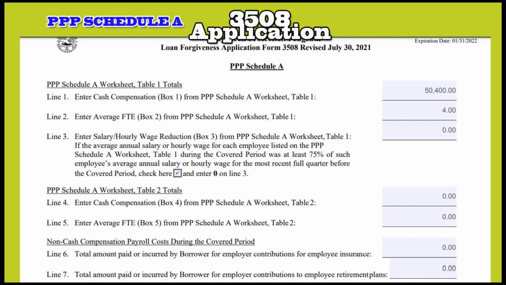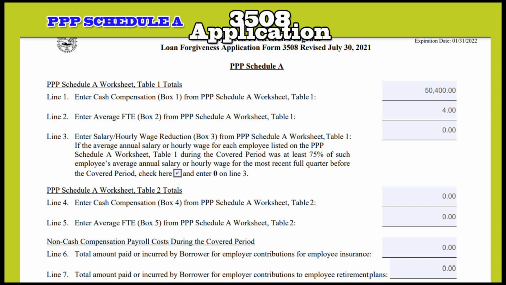On line 3, I did not have any salary or hourly reduction. As you can see, we were over the 75% mark with all of our employees. Therefore, we can check the box below in line 3, and then on the line we would enter 0, just like we did next to our employees.